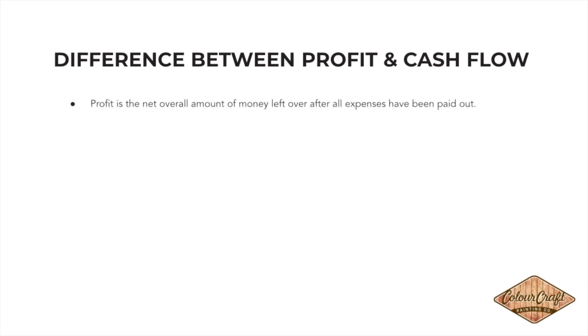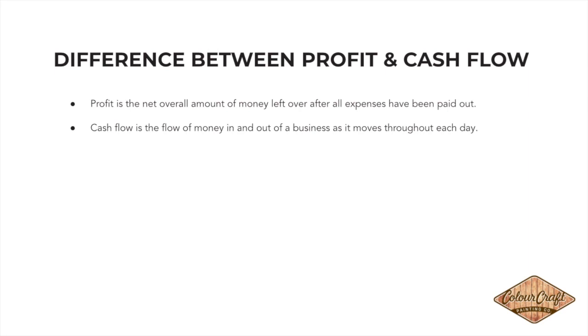So the difference between profit and cash flow is this. Profit is the net overall amount of money left over after expenses have been paid out. So at the end of the year, is there more money than when you started the year? Cash flow is the actual flow of money in and out of the business as it moves throughout each day.